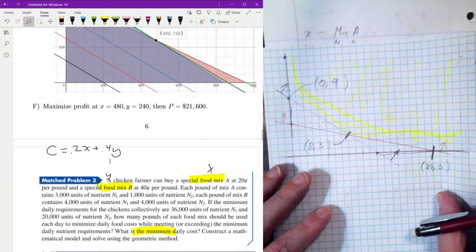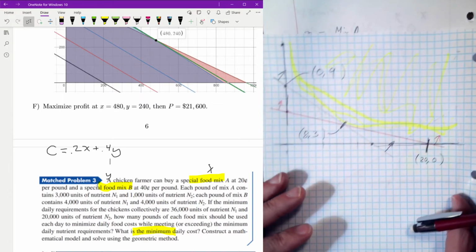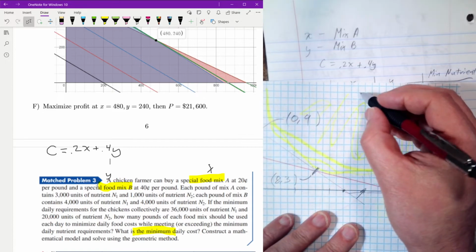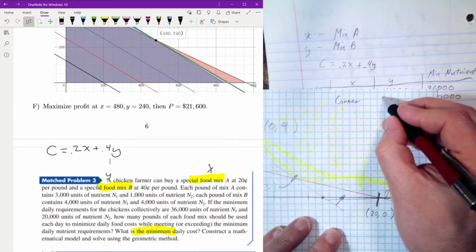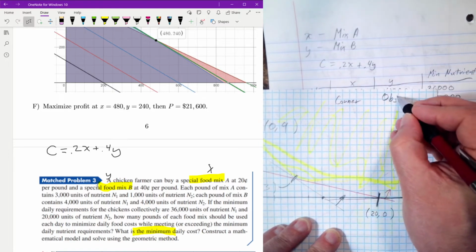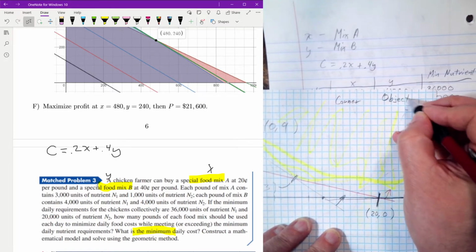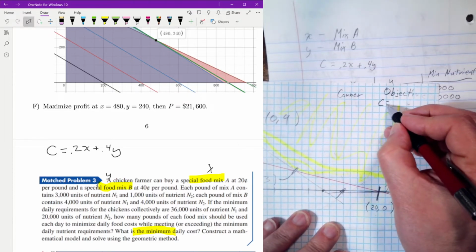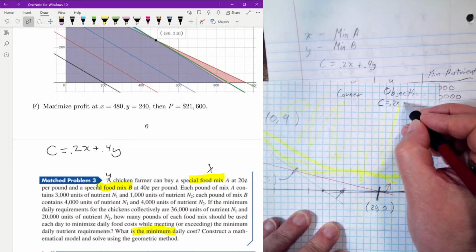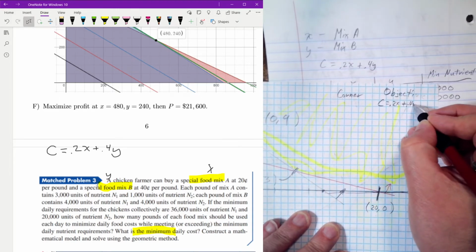So now we have corner points and our objective function, which is c equals 0.2x plus 0.4y.